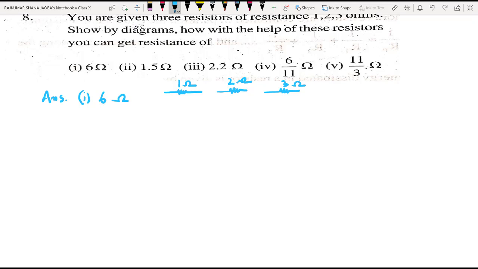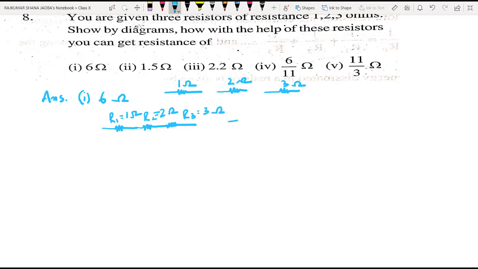Now to get 6 ohms we have to connect the three resistances in series. So suppose R1 is 1 ohm, R2 is 2 ohms, R3 is 3 ohms.